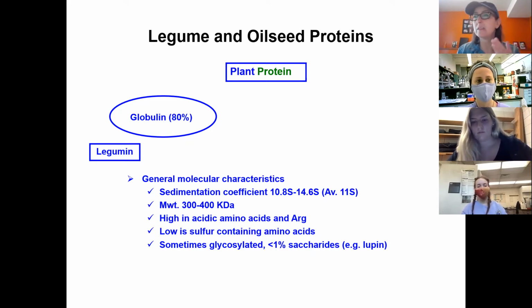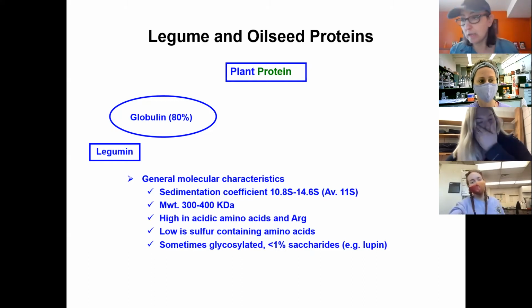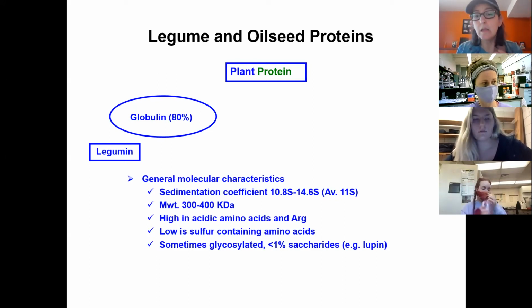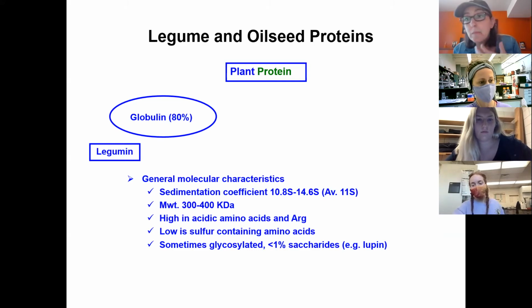So the limiting amino acid is methionine, which is a sulfur-containing amino acid. Okay, and legumin is rarely glycosylated. If it is glycosylated, it's less than 1%, and not all legumin in all different types of beans are glycosylated, but some are. For example, lupin is partially, or a little bit, glycosylated.